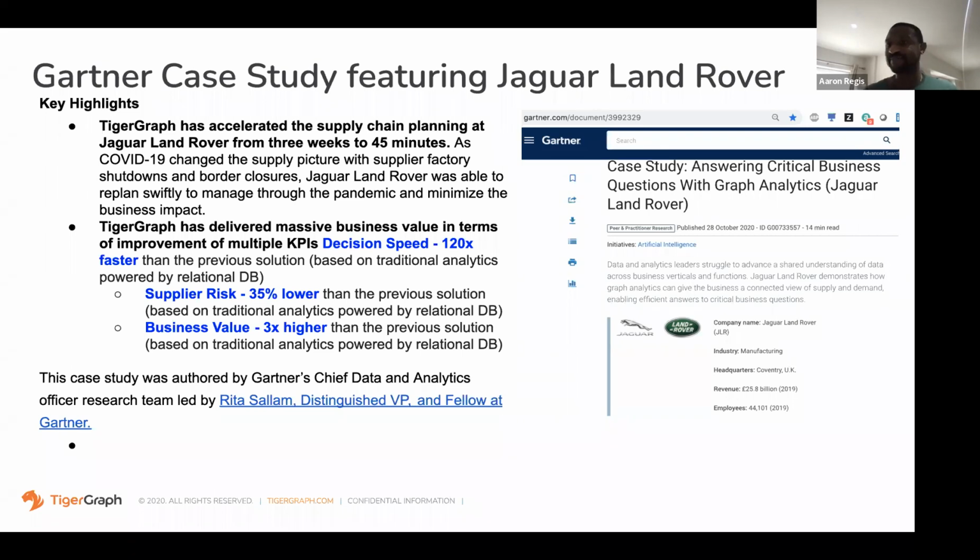Supplier risk, 35% lower. And I showcased how that's done when you've got this multi-dimensional graph, and then ultimately 3 times more business value compared to their relational backed system. So I highly suggest you check out this Gartner report. It obviously has a whole lot more information than what I was able to go over and show today.